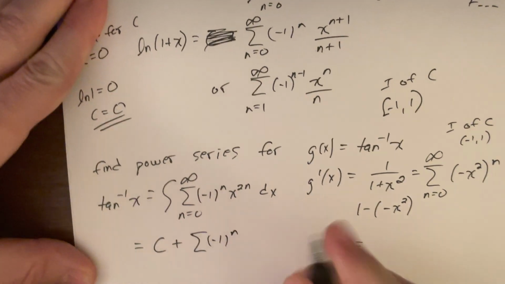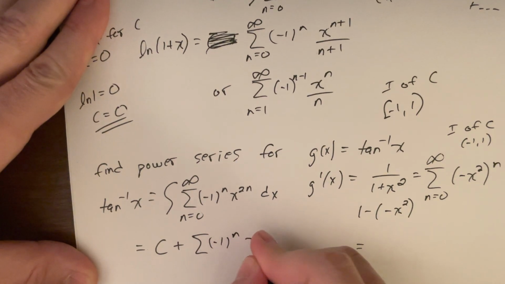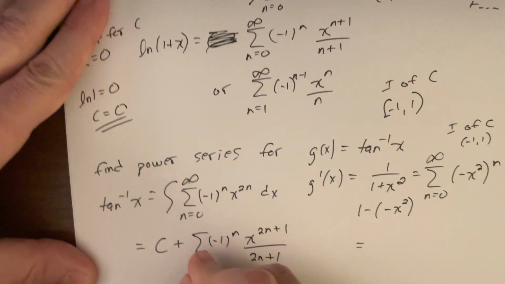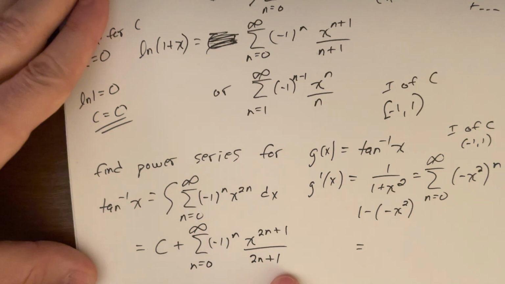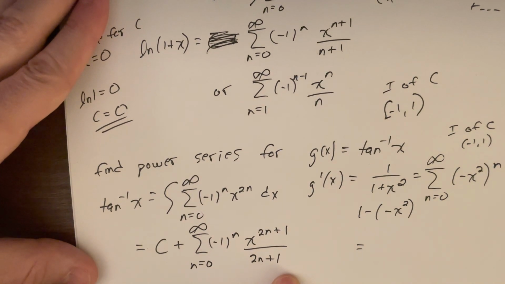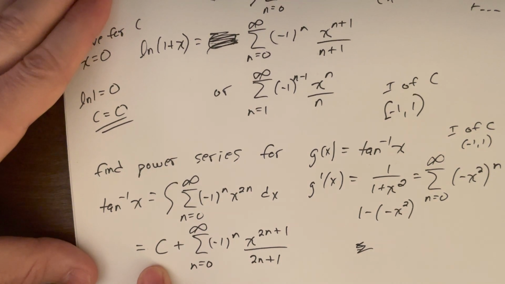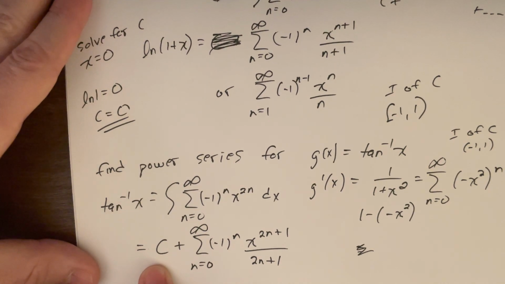This pushes along. The anti of x to the 2n is x to the 2n plus 1 divided by 2n plus 1. And if we want to find c, same thing that we did before. And it works out exactly the same.